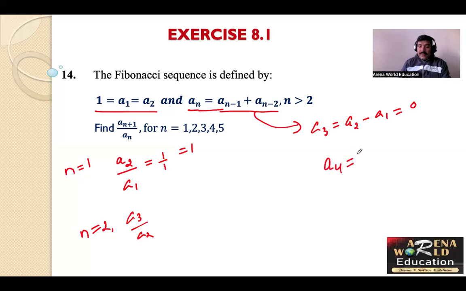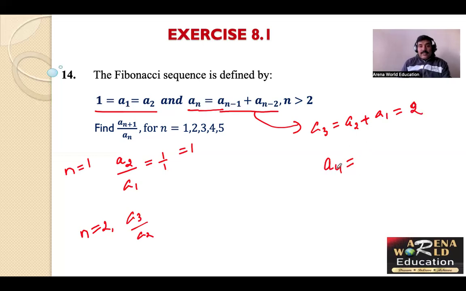So now a4. Sorry, this is a plus sign. So 3 minus 1, 2 and 3 minus 2, 1. So this will be 1 plus 1, 2. So a3 is 2.